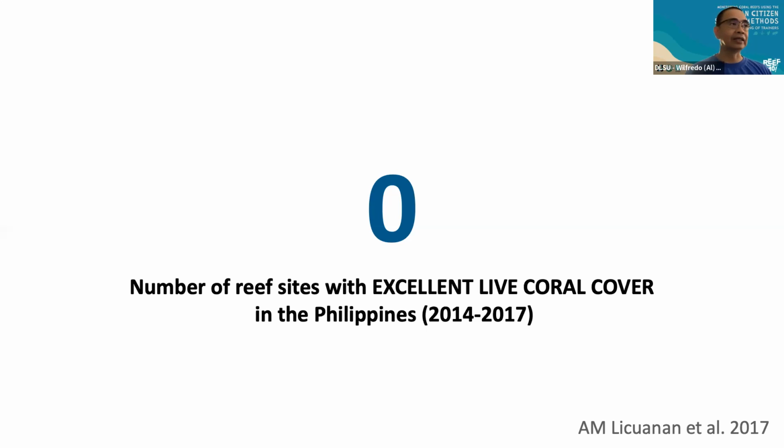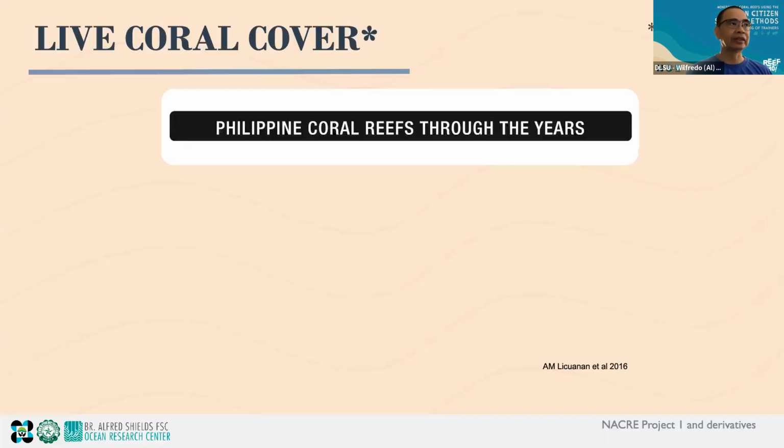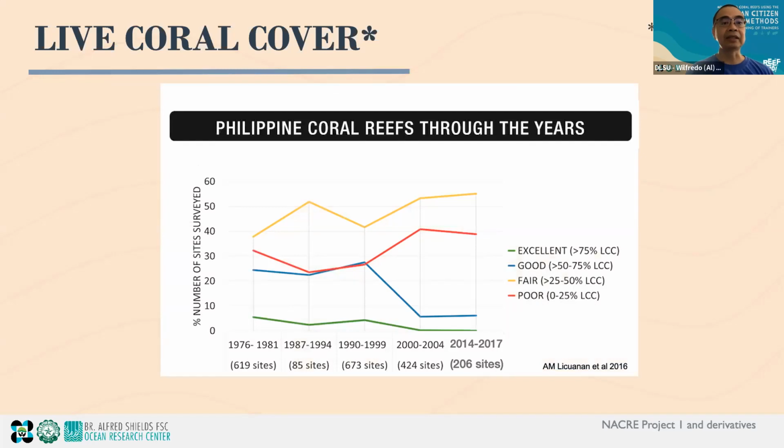We did not find excellent category reefs. And this outcome is actually not surprising because over the decades, you can see that the number of sites surveyed that had more than 75% live coral cover has been declining, and as of present, the number is 0.